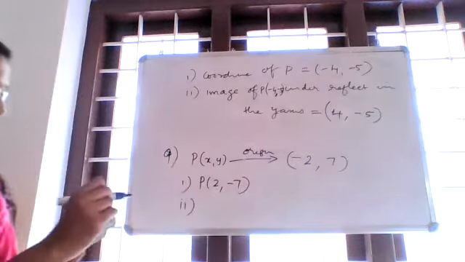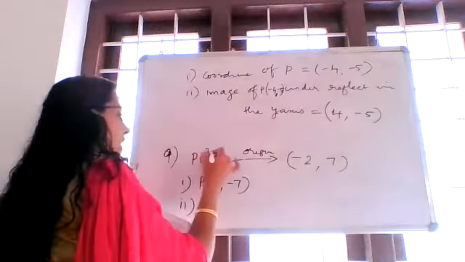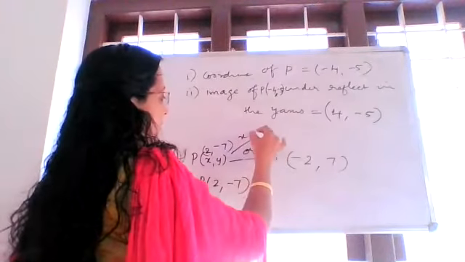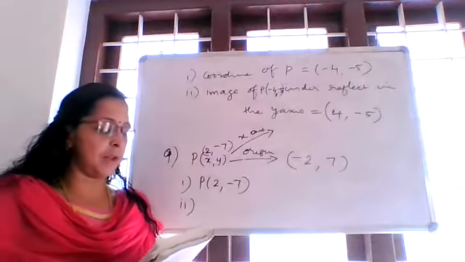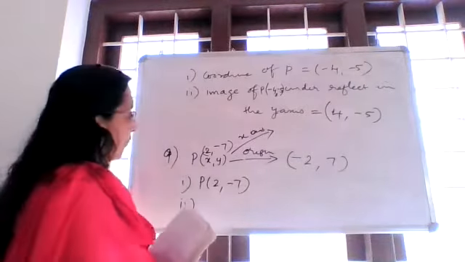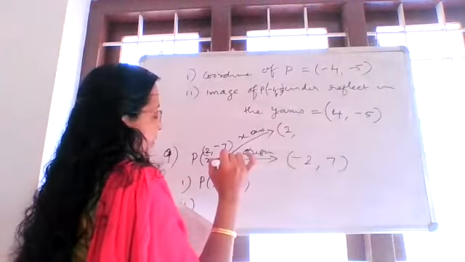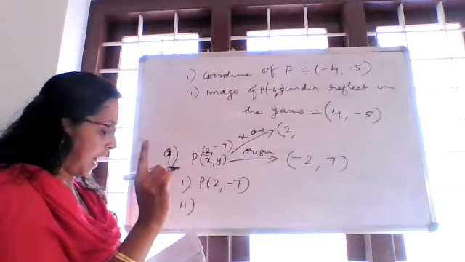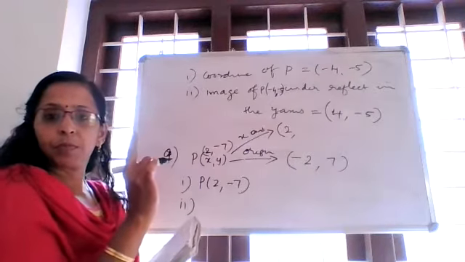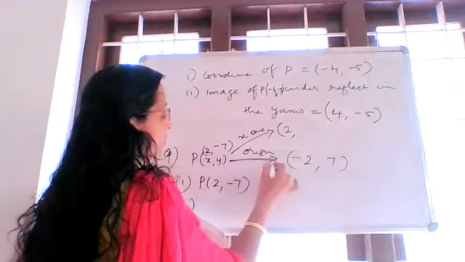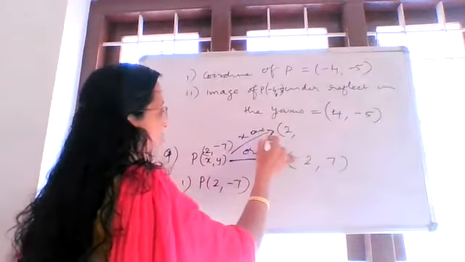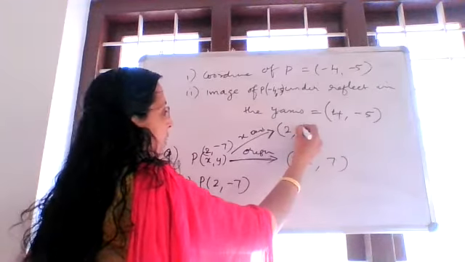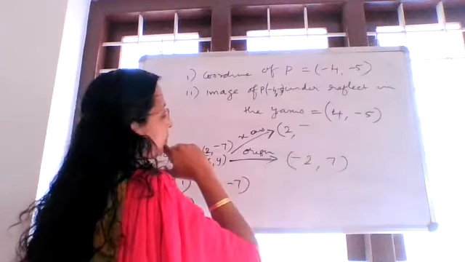Then the second part: find the coordinates of the image of P under reflection in the x-axis only. The first part, reflection in the origin, gave us 2, negative 7. For the second part, 2, negative 7 is reflected in the x-axis, so x will not change and y, negative 7, will become positive 7.